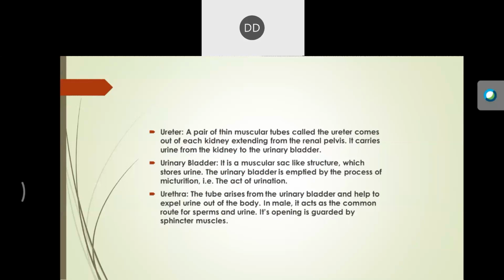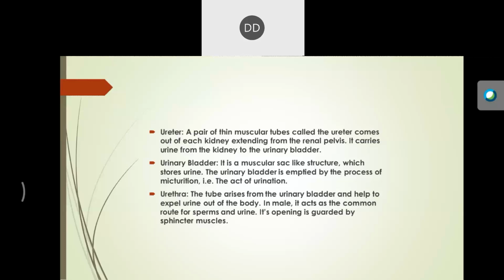Ureter. A pair of thin muscular tubes called the ureters comes out of each kidney, extending from the renal pelvis. Each carries urine from the kidney to the urinary bladder.